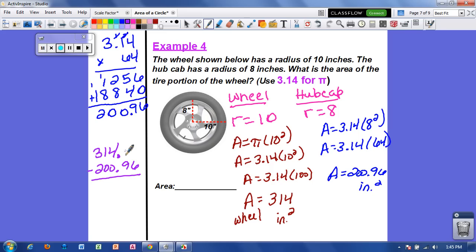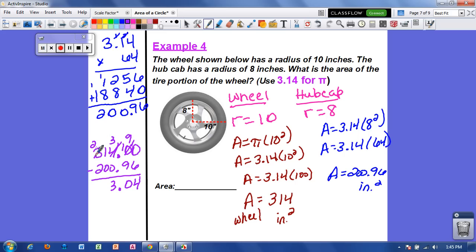Now, remember, if I have a whole number, it's like the period at the end of the sentence. Decimal goes here. And I have to line up decimals anytime I'm adding or subtracting. So I'm subtracting, I've lined up my decimals. I'm going to fill in zeros here. And I am going to borrow. All right, 10 minus 6 is 4. 9 minus 9 is 0. 3 minus 0 is 0. I have to borrow again.